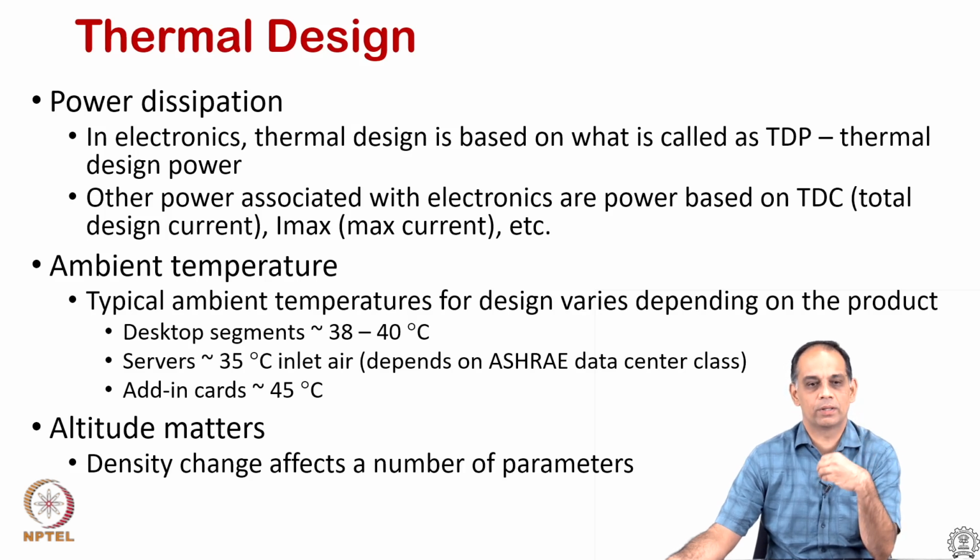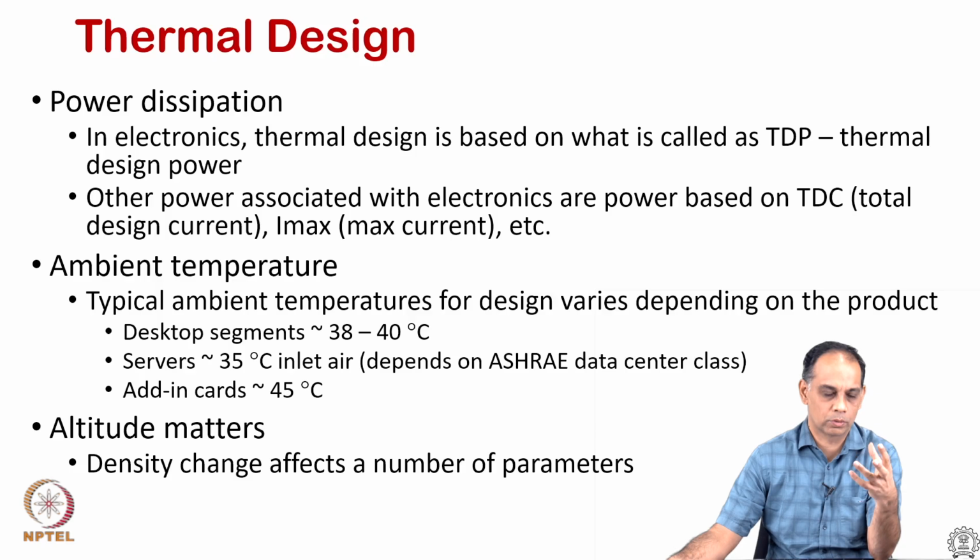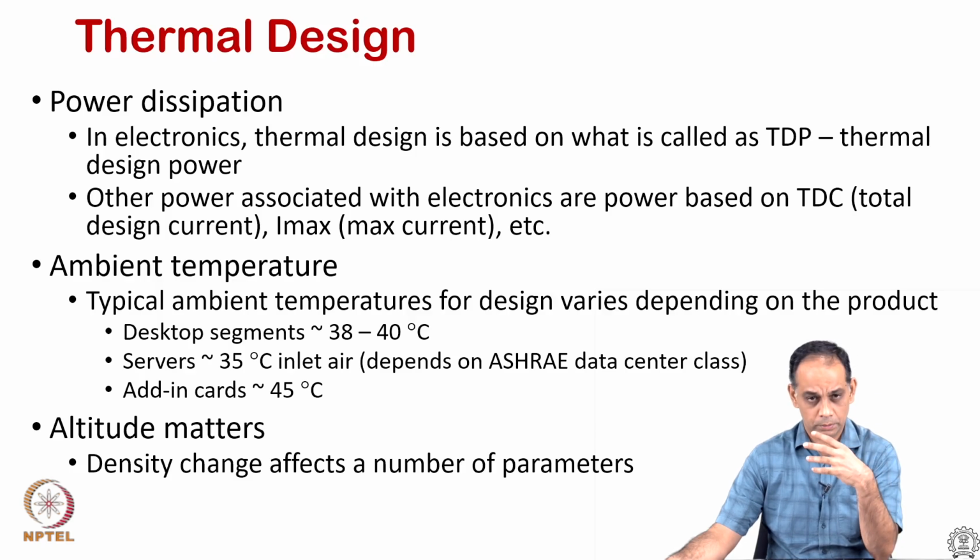Then the other boundary condition we need is where it is going to dissipate. Typically air cooling is often used. So, we will focus on air cooling, but all the discussions that we are doing here are equally valid for liquid cooling and two phase cooling and so on.